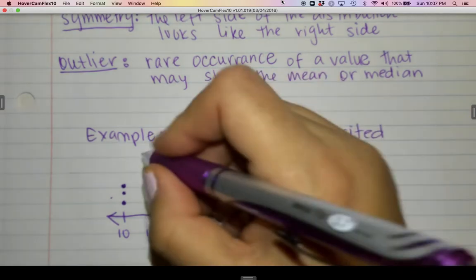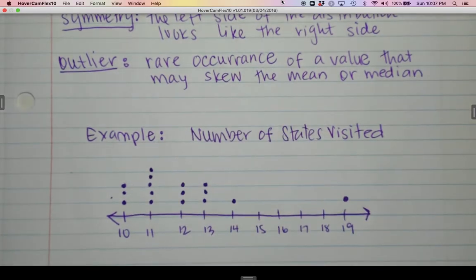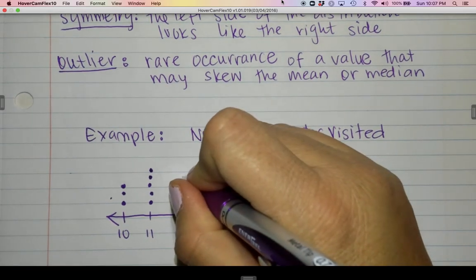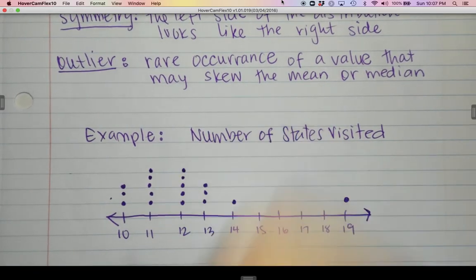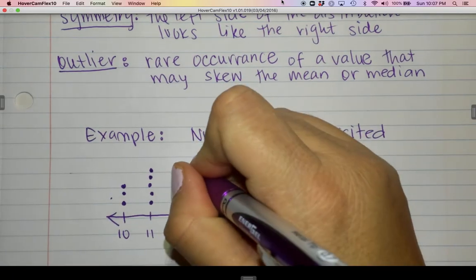Then I have 2 more at 11, 2 more at 12, actually I have 6 at 12, so I'm going to put another one.